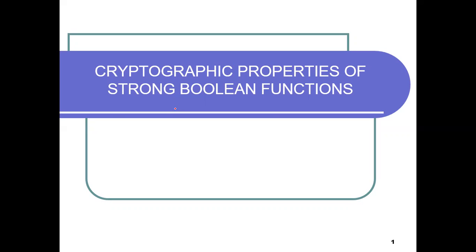So nonlinear Boolean functions have been considered for a long time to construct symmetric key cryptosystems. I mean to say it's one of the components of a modern block cipher. We call it the confusion component, or sometimes a substitution box.